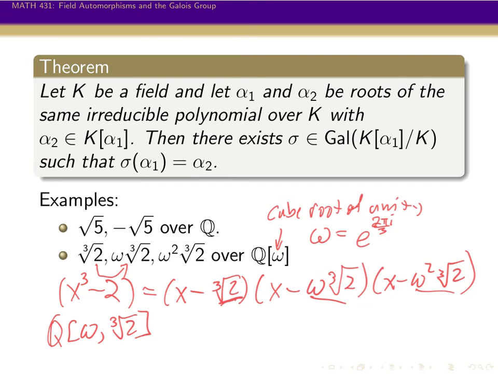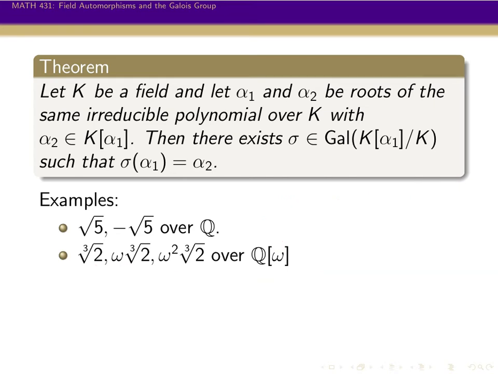So let's think about what the structure here is. Let's clear out some space. Okay, so what the theorem says is that there's some sigma that sends cube root of 2 to, well, let's pick one of the other roots. Let's pick omega cube root of 2. So that's a different root of the same minimal polynomial.